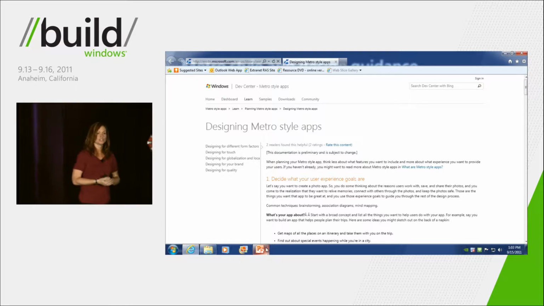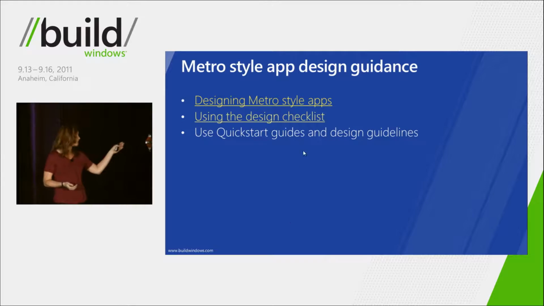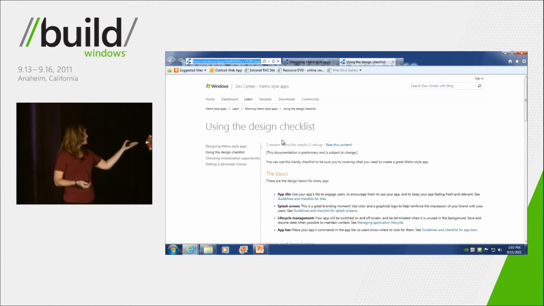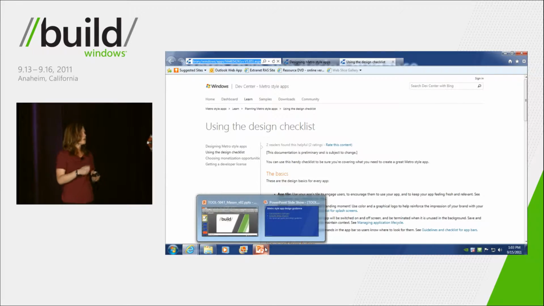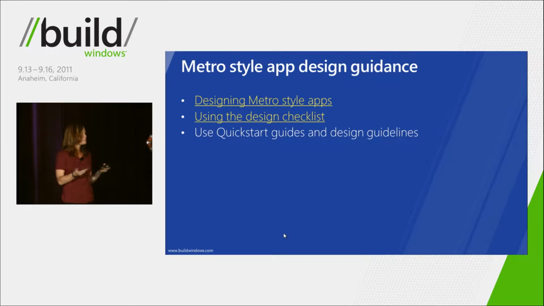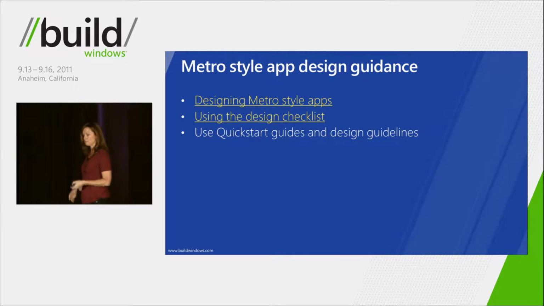This checklist is really pretty cool because you can walk through all the elements and see what you want to do to your application to take advantage of all the capabilities of Windows 8. So you should use those resources to understand how to take best advantage of the platform.